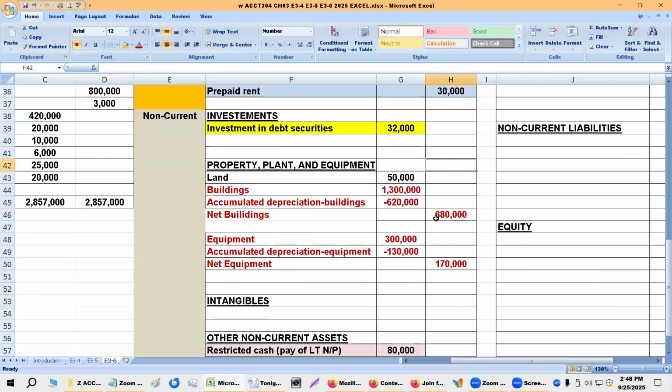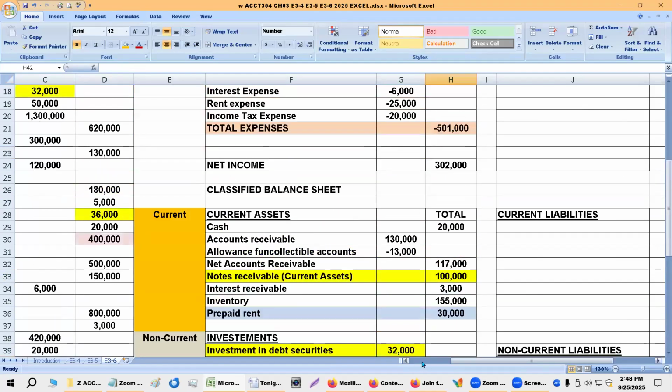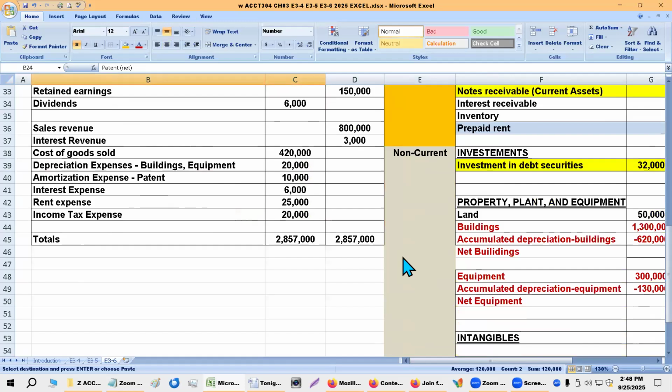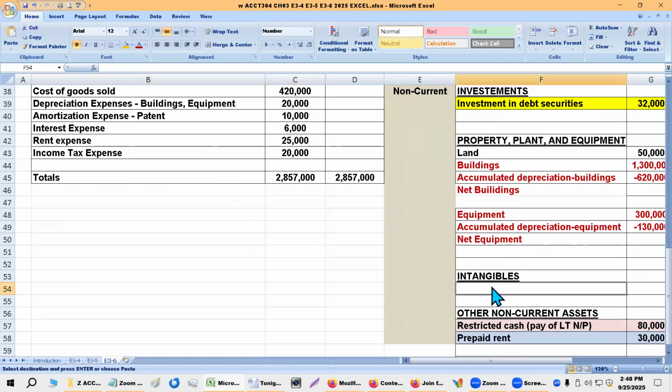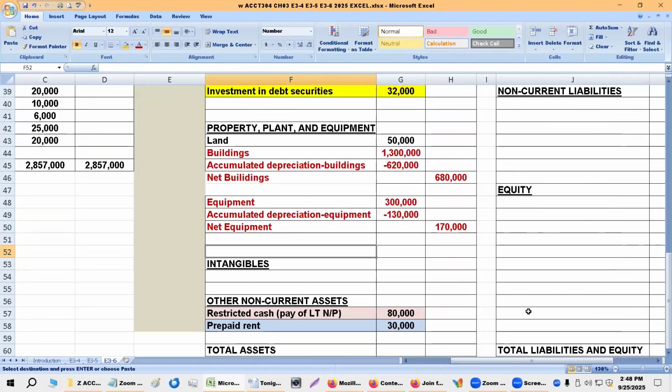Oh, I think we're almost done with the assets, right? Last of the assets: Pat, where does that go? Anyone? Where does it go? The intangible.